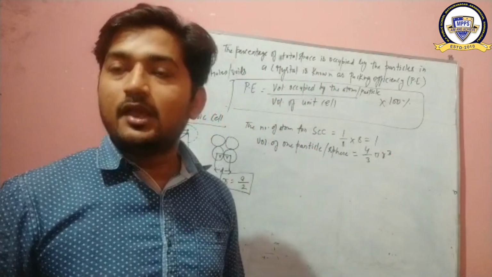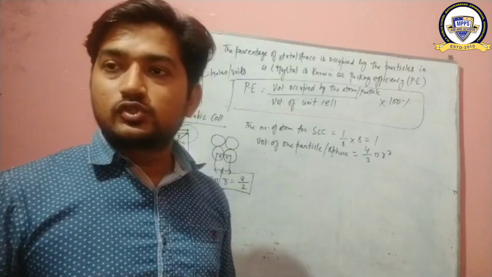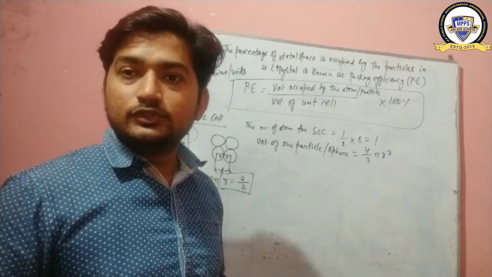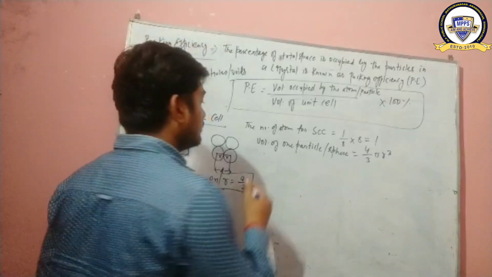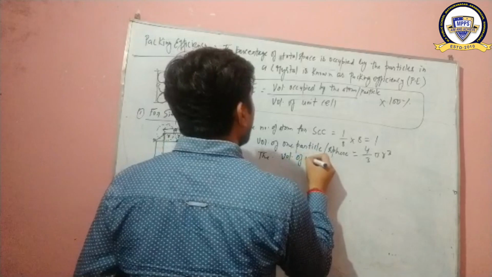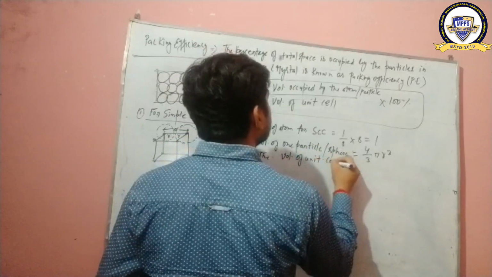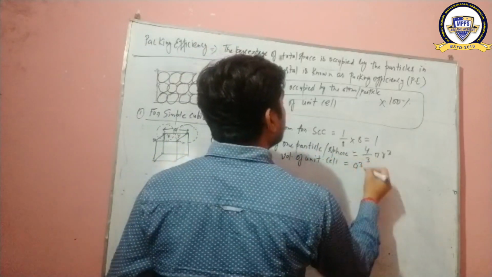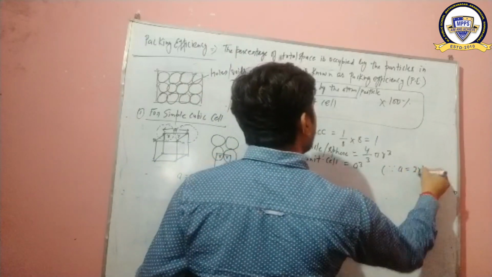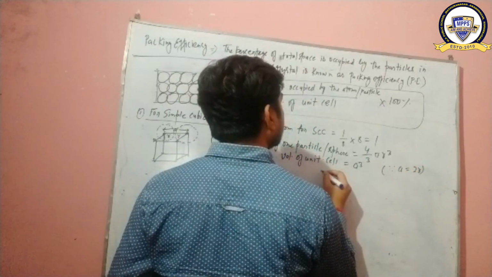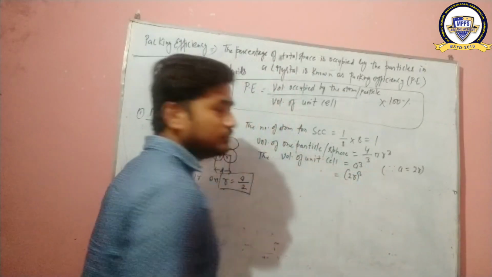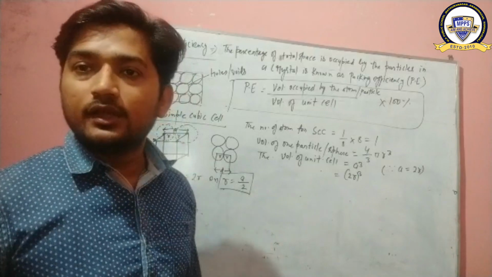So the volume of the unit cell is equal to a cube. So if a is equal to 2r, then it should be (2r) cube.